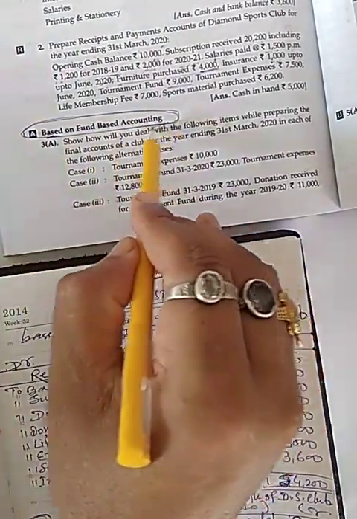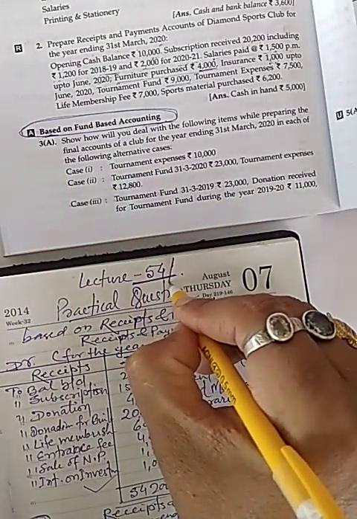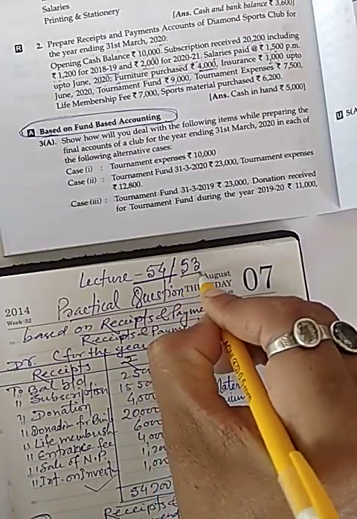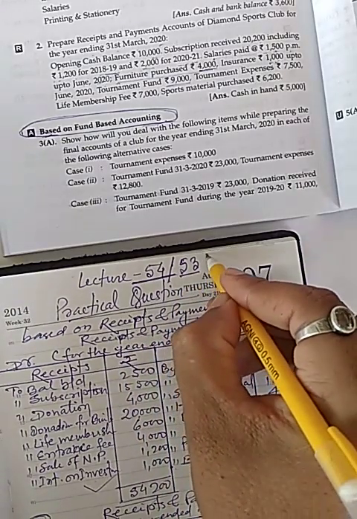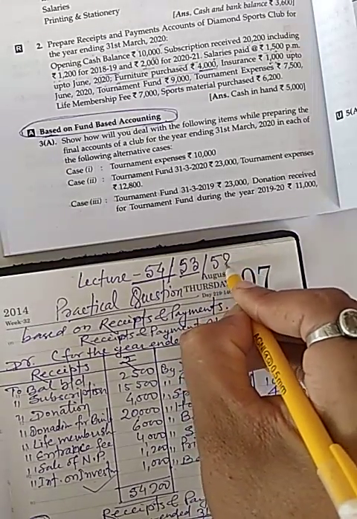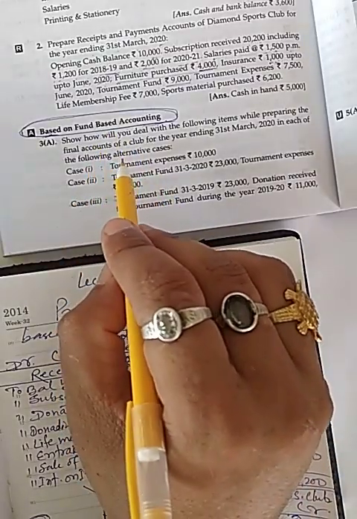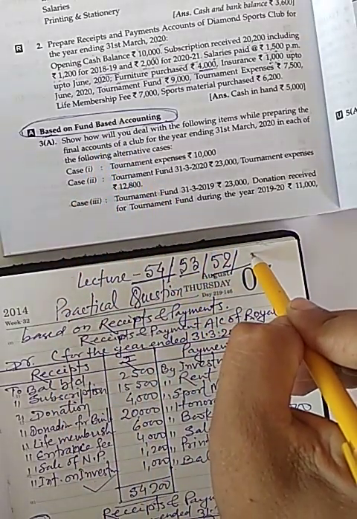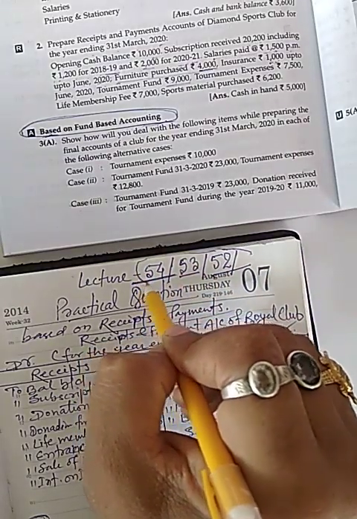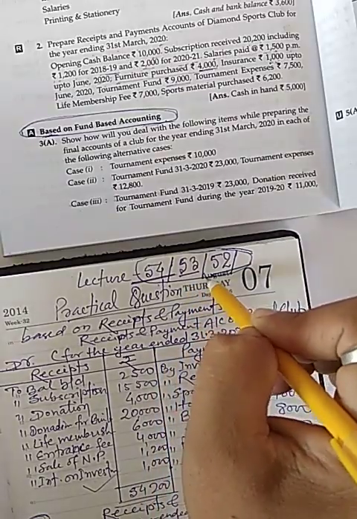You can see my lecture number 53 for calculation of subscription and 52 for the fund based accounting. So you must watch the lectures 52, 53 and 54.